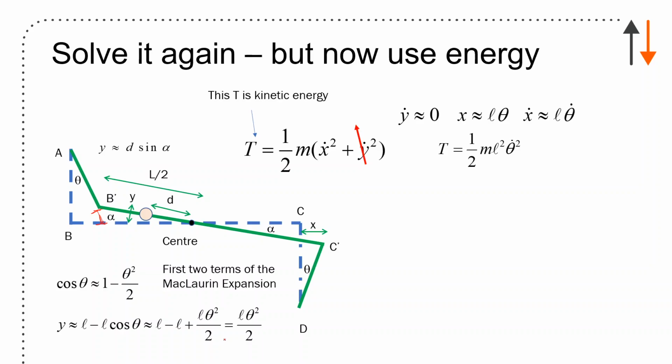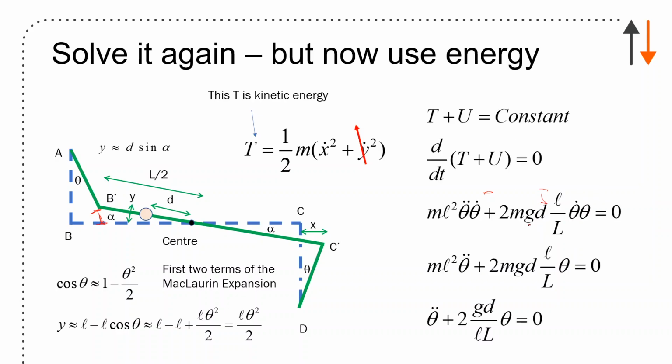Y is approximately equal to d sine alpha. And so based on that, U equals the vertical displacement of this thing, so U is mgy, which is mg d times L over script L times theta squared over 2, because I'm just going to substitute in that relationship for sine. So out of this, I get T plus U is equal to a constant.